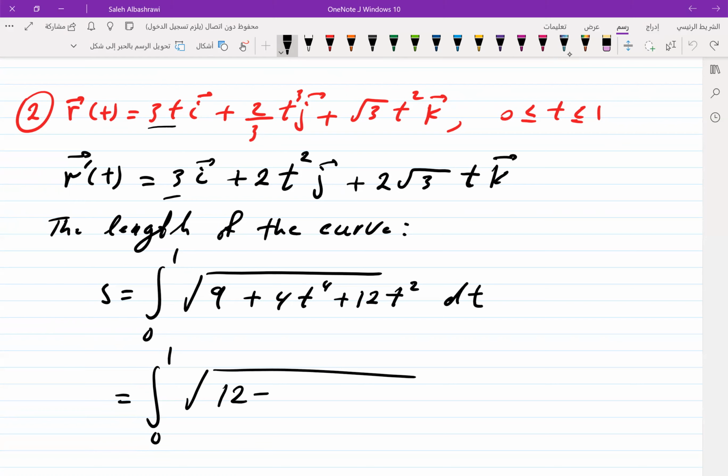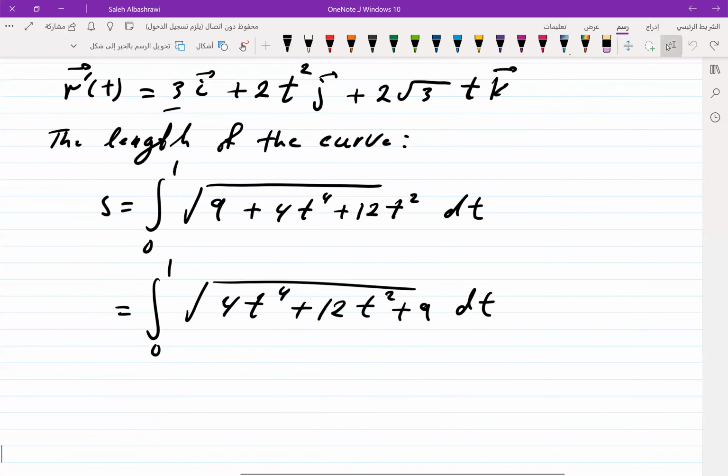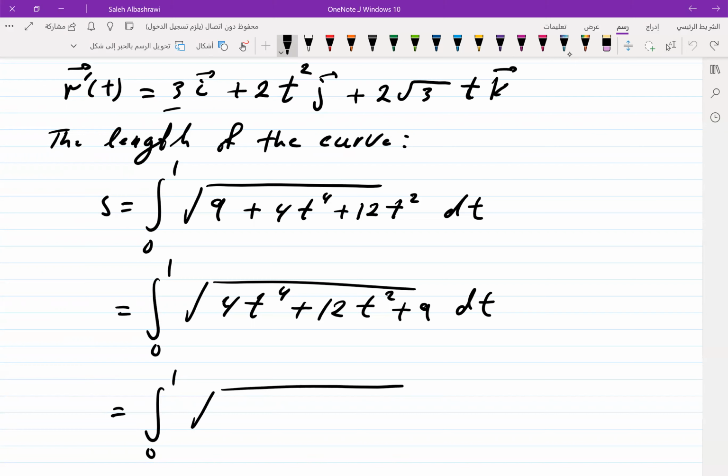Arrange it as 4t to the power 4 plus 12t to the power 2 plus 9 dt. Now this can be written as 2t squared plus 3, all to the power 2, dt.